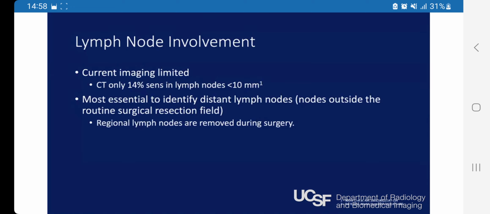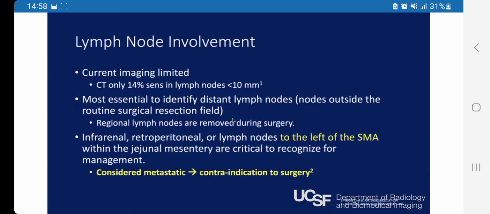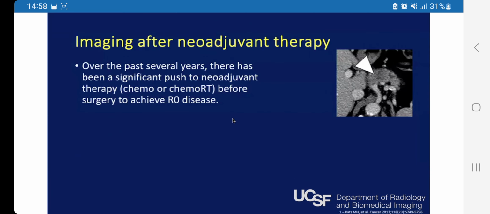However, the distant lymph nodes, or the nodes which are close but not too distant, such as infrarenal, retroperitoneal, or any lymph node to the left side of the SMA, are very critical and can determine the management and possibly prevent a futile surgery, because they can make the tumor unresectable.